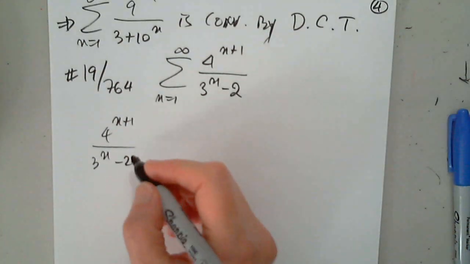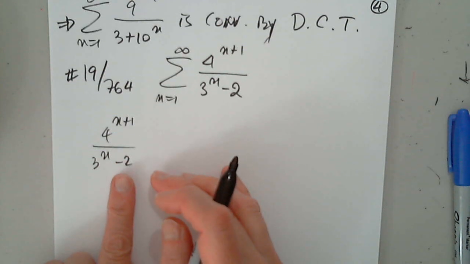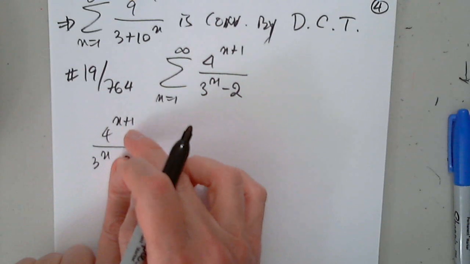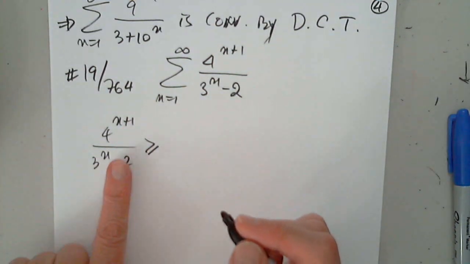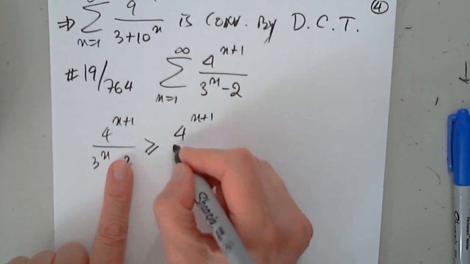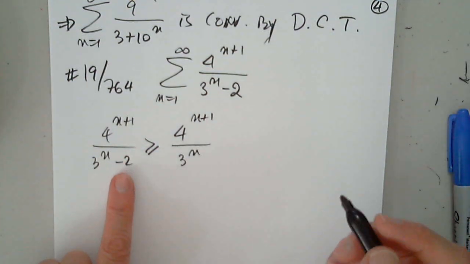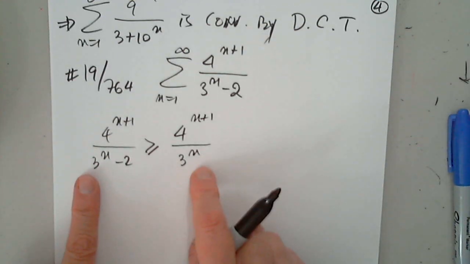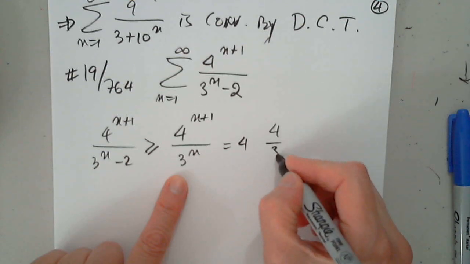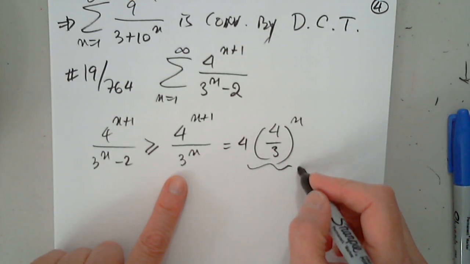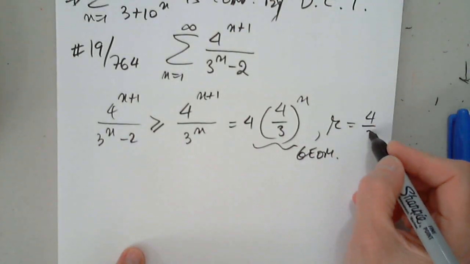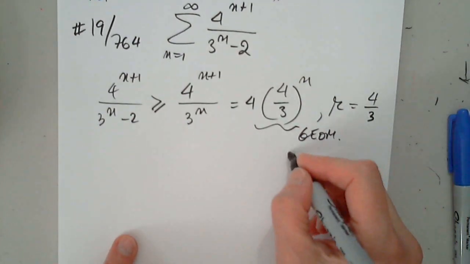And realize that, again, if I increase the denominator, this will be greater than or equal to, because I'm removing the negative 2. So this will be greater than or equal to the 4 to n plus 1 over 3 to the n. This one will be larger because the denominator is smaller than this one. So then this becomes 4 over 3 to the nth power, which is geometric. But this time, the common ratio is 4/3. So therefore, this is divergent.